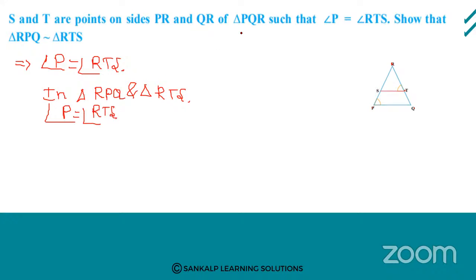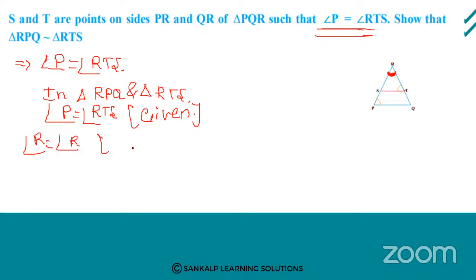Angle P is given, right? They have given that these two angles are equal. So when you take RPQ and RTS, R is common to both the triangles. Therefore, angle R is equal to angle R. This is a common angle.